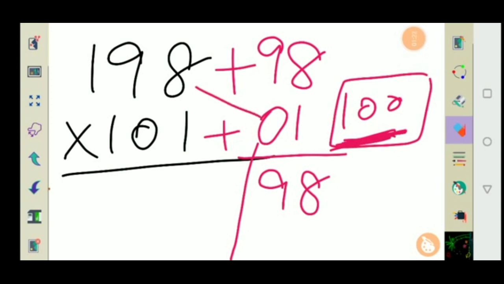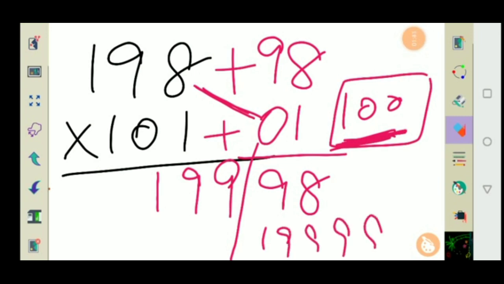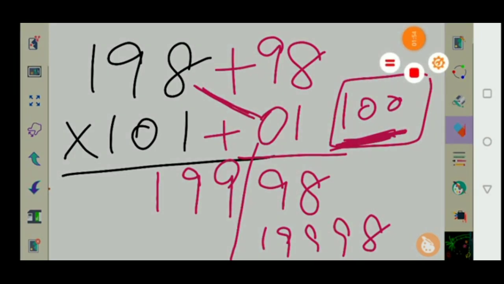And add the diagonal numbers, either 198 with 01 or 101 with 98. You will be getting same number 199. So our answer is 19998. Right? So within a few seconds you are easily multiplying the numbers when you are having the numbers above the base that is given to you.